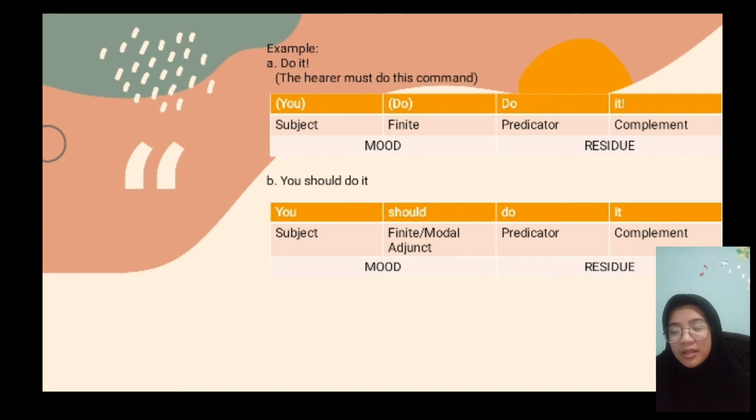And the second one is you should do it. You is the subject, should is the finite or modal adjunct, and then do is predicator, it is complement. So you should is the mood, and do it is residue.